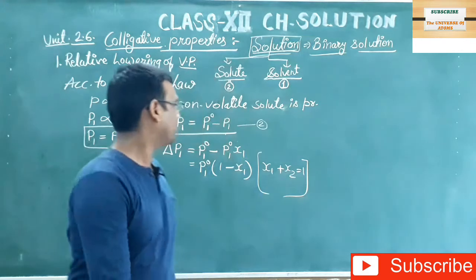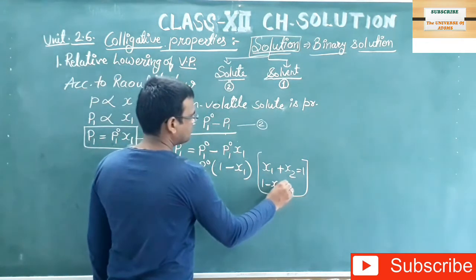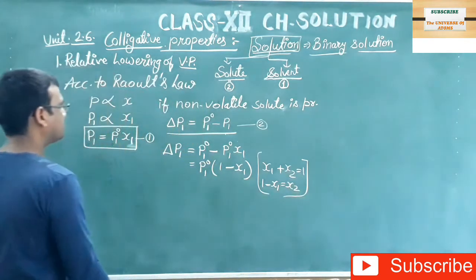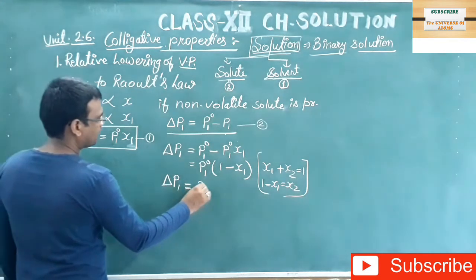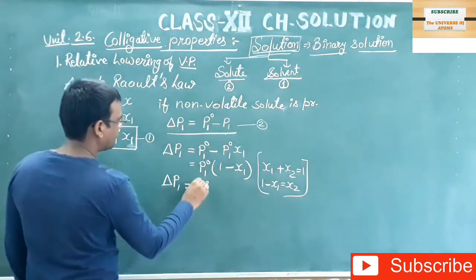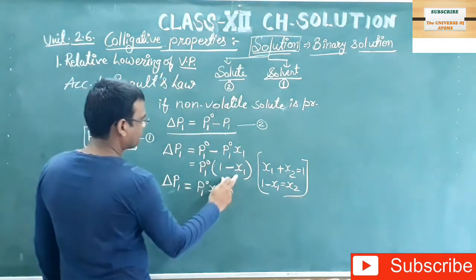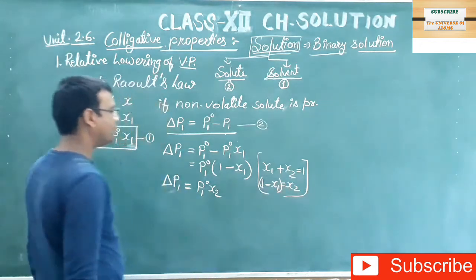So from here we can write 1 minus x1 is equal to x2, and that can be used in this formula. Then delta P1 becomes equal to P1 naught times x2, since 1 minus x1 has been replaced by x2.